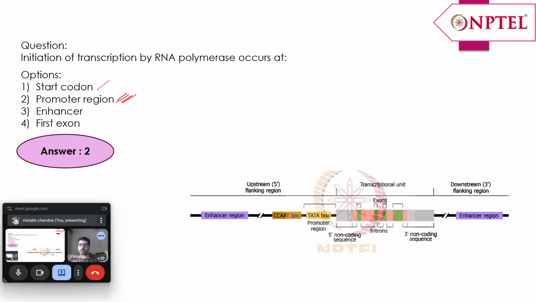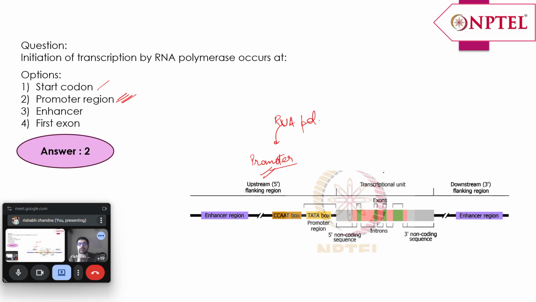Whenever a transcription starts, how does a transcription start? First, we have to understand the basic structure of a gene. In very simple terms, there are three main units of the gene. First is the upstream flanking region, which we call a part of the promoter, where the RNA polymerase actually binds.